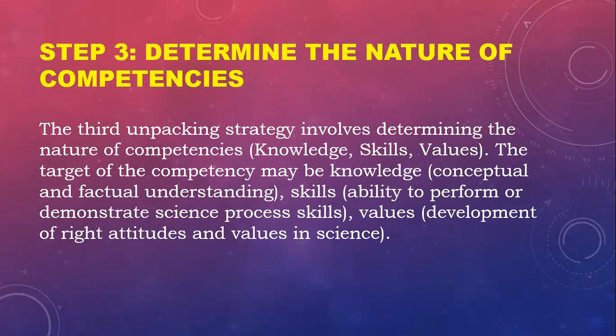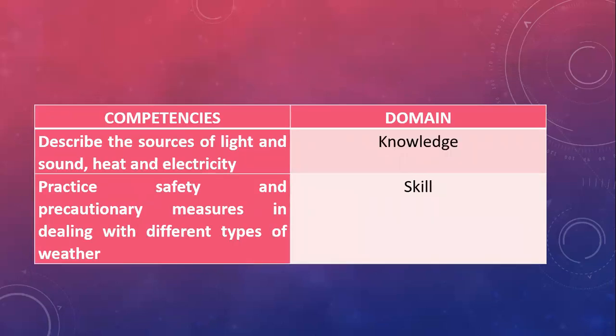Then, na-determine mo na yung target na domain. Now, you have to determine the nature of competencies. In what area? Knowledge, skills, and values. Okay, so pag sinabing, describe the sources of light, sound, heat, and electricity, ang tinitingnan mo nitong competency ay yung knowledge ng bata. So, sa practice na, the word practice, ibig sabihin, napaperform niya, so skill na.